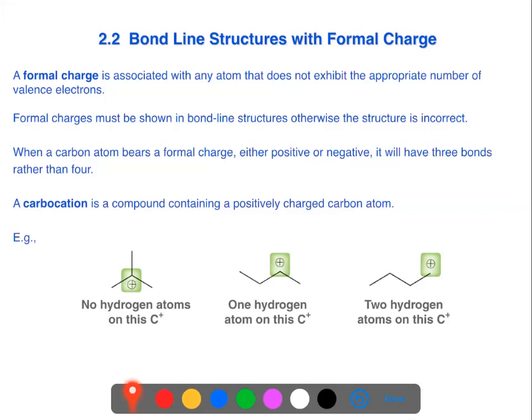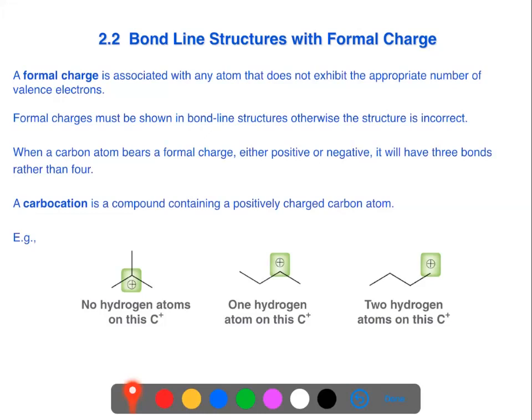So a formal charge is associated with any atom that does not exhibit the appropriate number of valence electrons. The appropriate number is the number of electrons found in that outermost shell, the valence electrons, associated with a neutral system. So for carbon, that number is 4, nitrogen, that number is 5, oxygen 6, and so on.